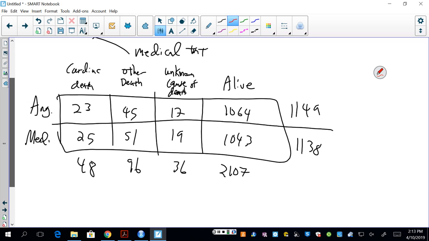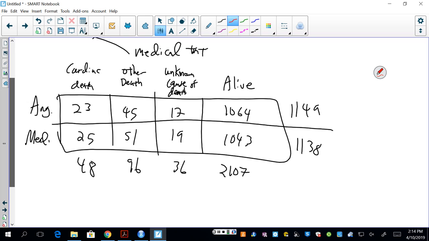There's the table, and it counts. Is there a difference between these in terms of these different categories? Numbers are pretty similar, right? The denominators, 1149, 1138, are pretty similar.